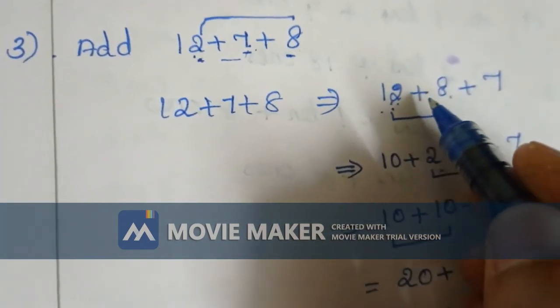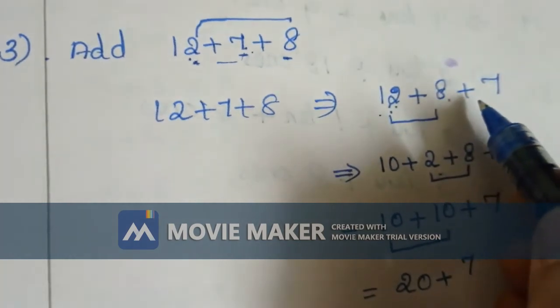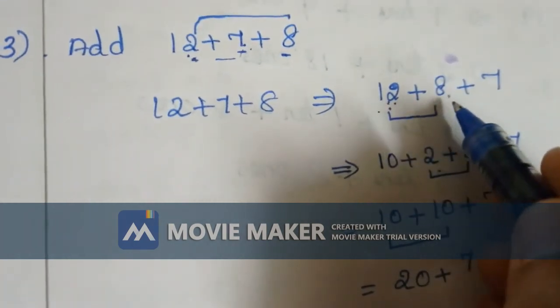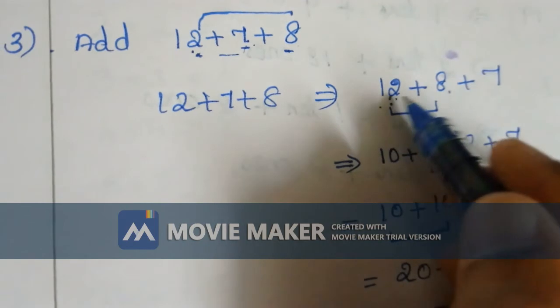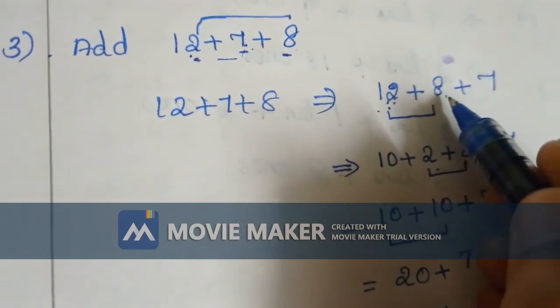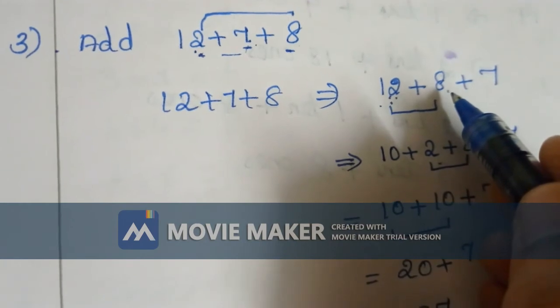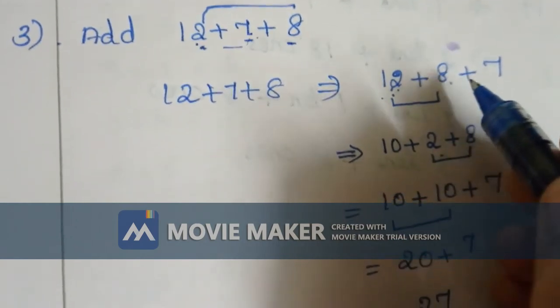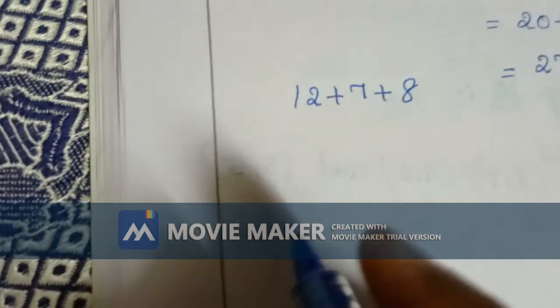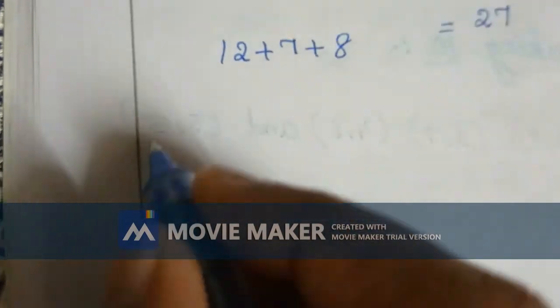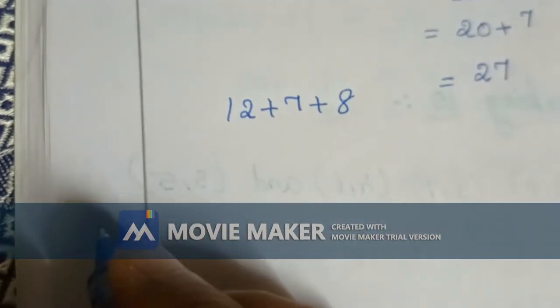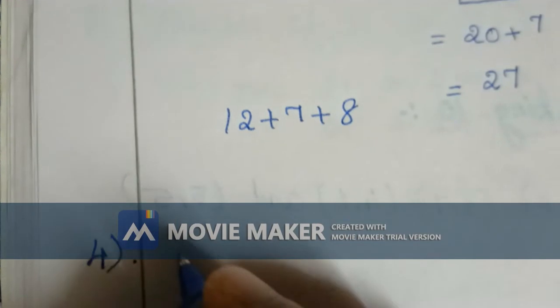In case the digits in the ones place do not add to 10, we can split any one of the numbers in such a way that we get a 10. So for that we can see one more example related to that.